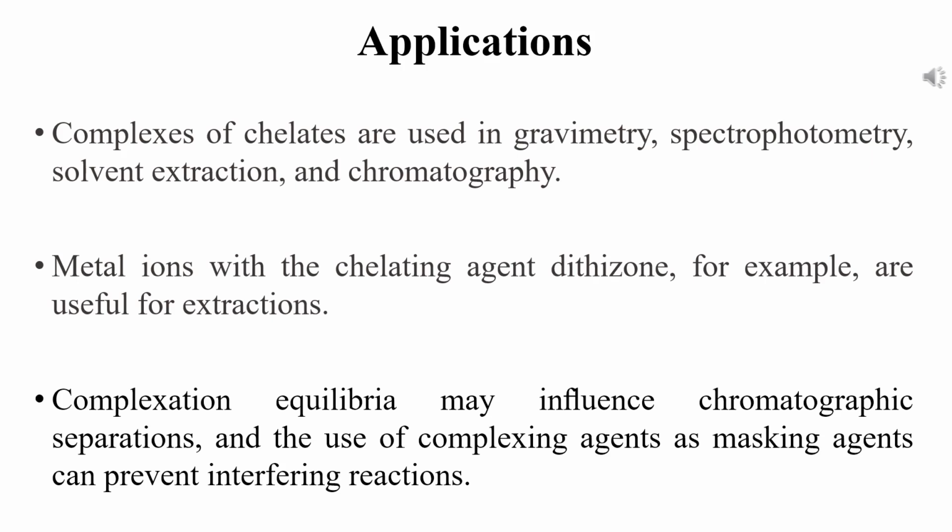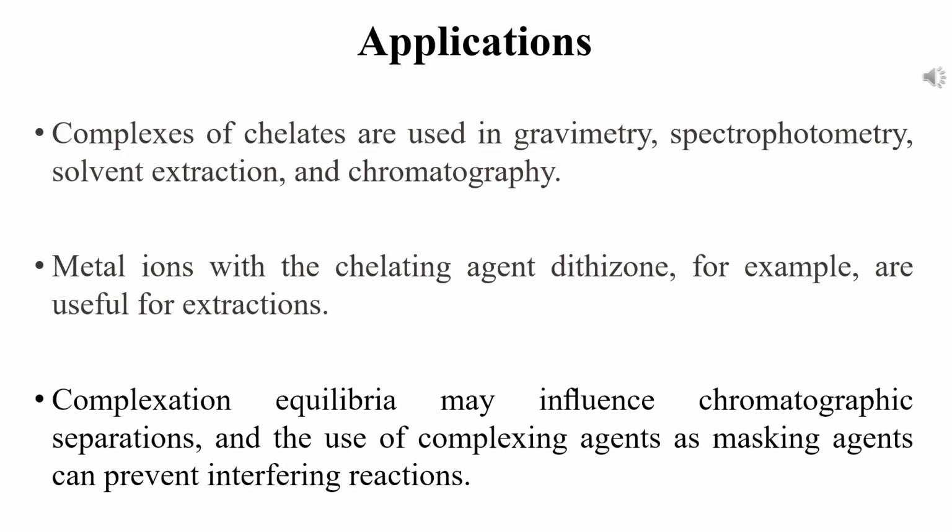So the complexes of chelates could be used in gravimetry, spectrophotometry, solvent extraction, and other techniques like chromatography. In solvent extraction, a metal chelating agent like dithizone could be used, and these chelates are most of the time colored complexes.